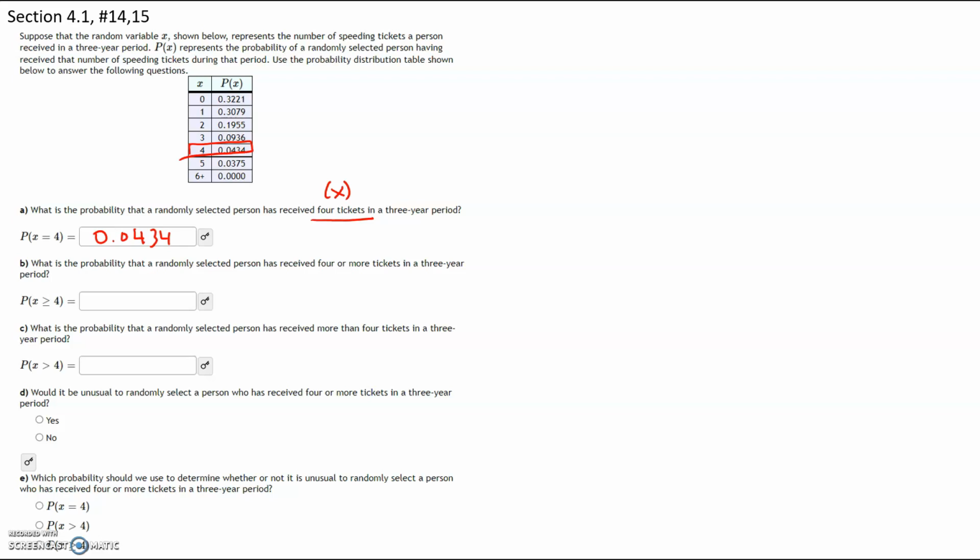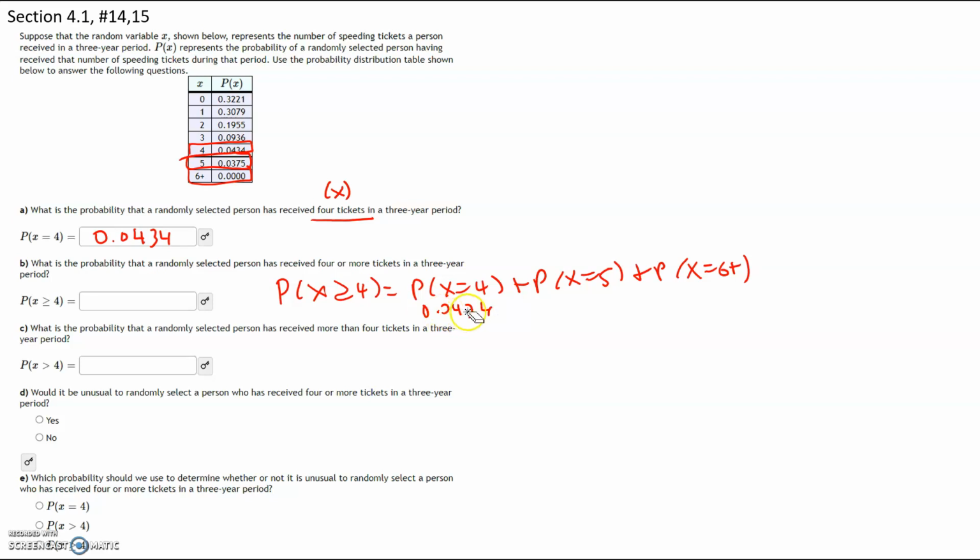Now, part B says, what is the probability that a randomly selected person has received 4 or more tickets? So 4 or more means x equals 4 plus x equals 5 plus x equals 6 or more. So we're going to add up 4 plus 5 plus 6. Probability that x equals 4, we know that's 0.0434.